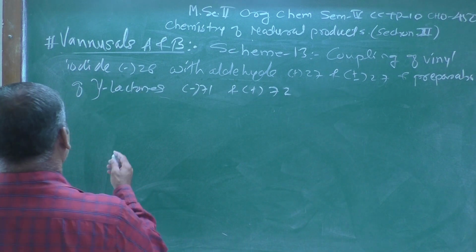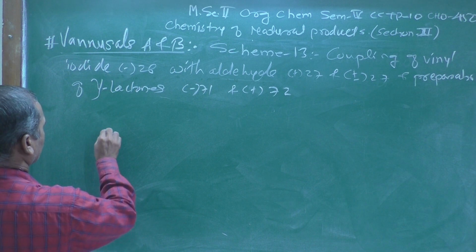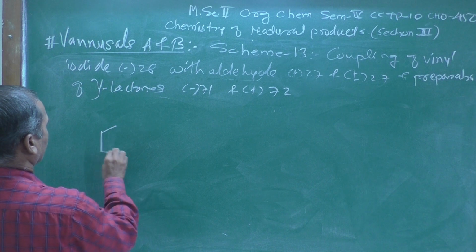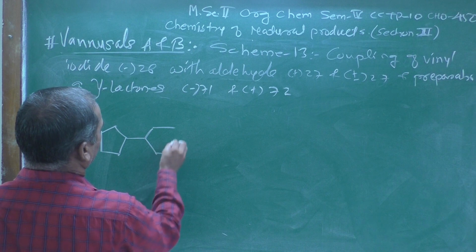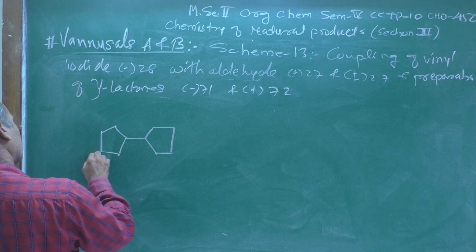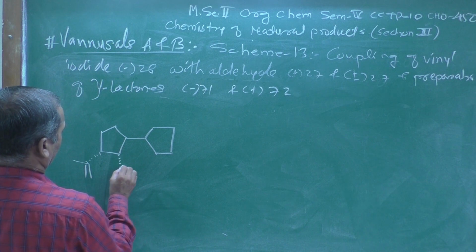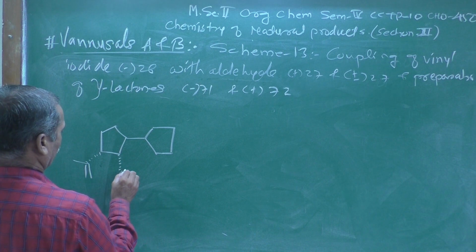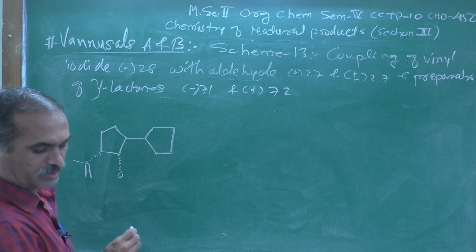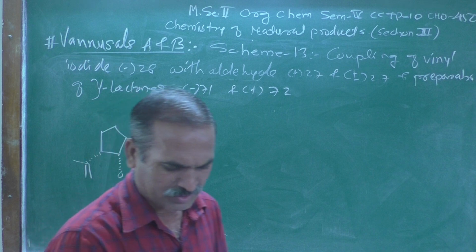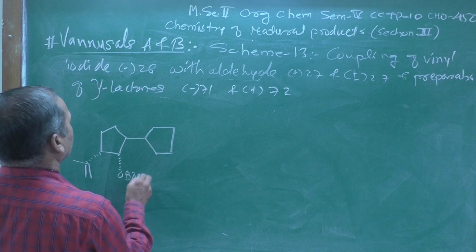In this case, while adding the n-butyl lithium, look at the structure which I am drawing over here. This is the structure as it is. Here is the isopropylene group, and here is the hydroxyl group protected with BOM, yes, BOM, BOM.